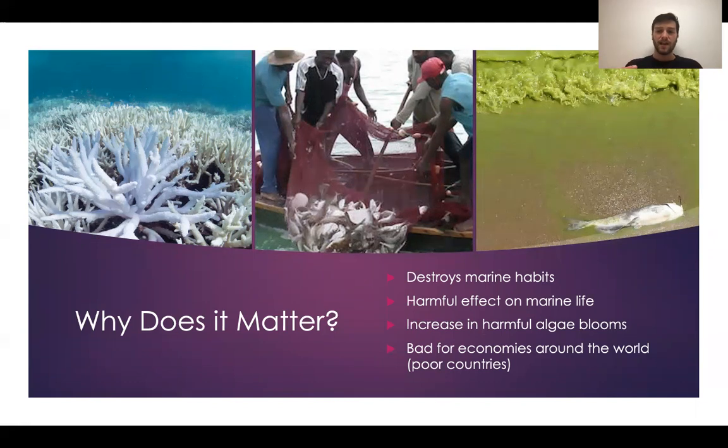So the pH and the high levels of carbon in the water, when the pH is lower than usual and carbon is higher than usual, it can affect the way fish develop.